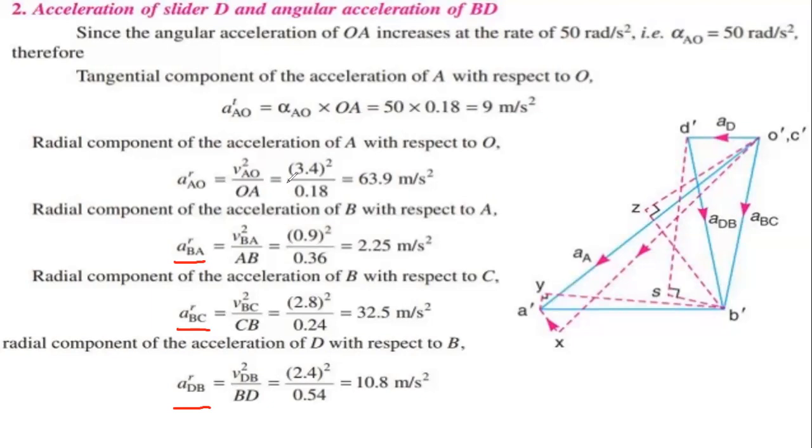So all the students have to do it. So we get the values of the radial component of BA as 2.25 meters per second square, the radial component of acceleration of BC as 32.5, and r of DB as 10.8 meters per second square.